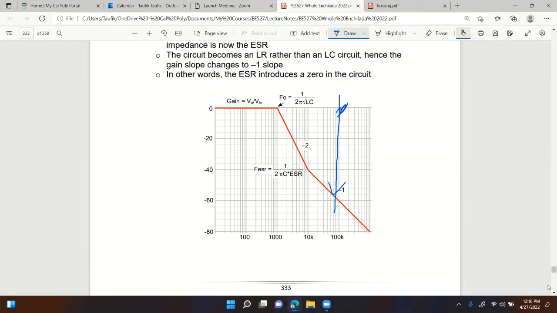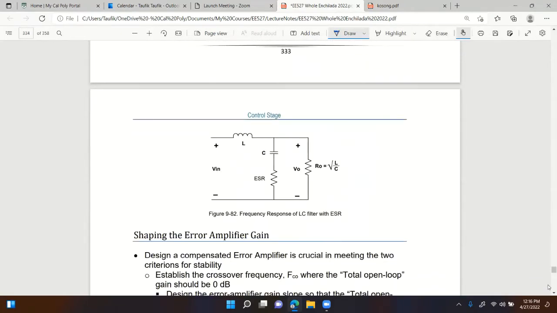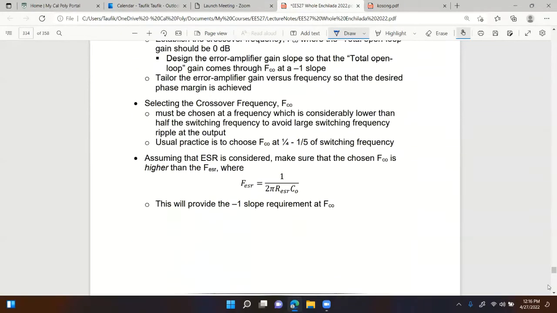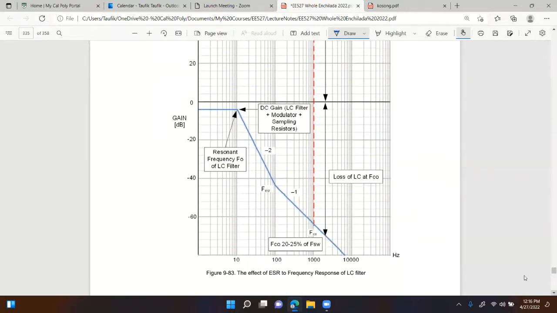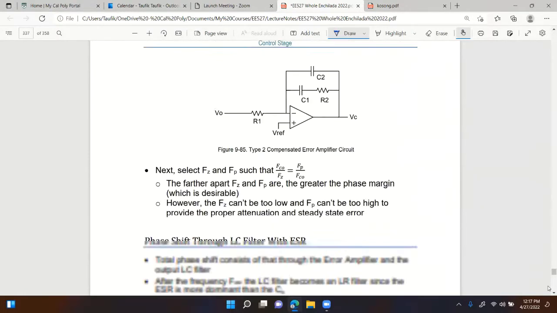It's one of the objectives in compensation. Okay. This one is exactly the example with ESR, right? You can see that I place the crossover frequency after ESR, right?